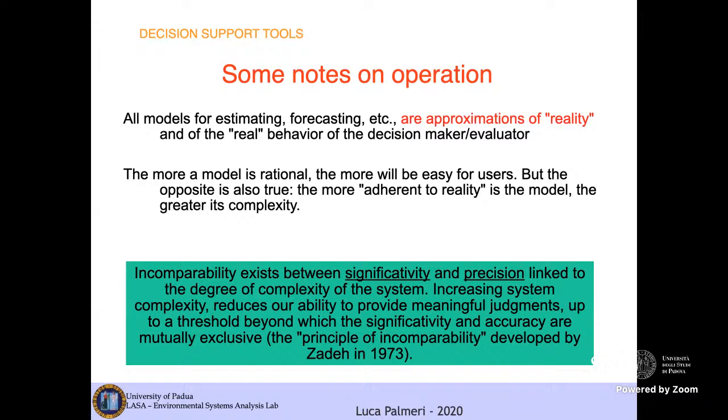Increasing system complexity reduces our ability to provide meaningful judgments up to a threshold beyond which significativity and accuracy are mutually exclusive, meaning that I increase the significativity and I am forced to decrease the accuracy of my model. It is a kind of principle. This is the principle of incompatibility, proposed, for example, by Zadeh in '73.